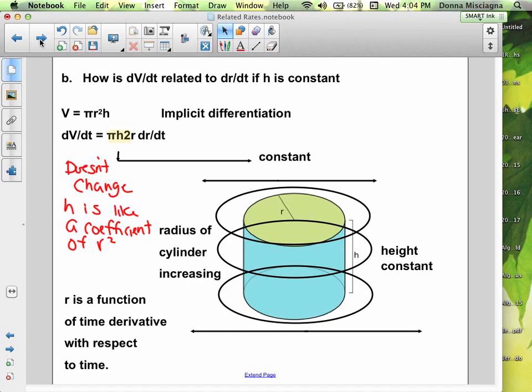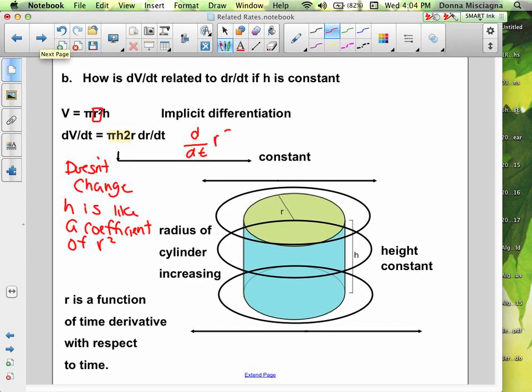So all I need to do is take the derivative of the r squared. If I take the derivative with respect to time of r squared, that's just going to be 2r.